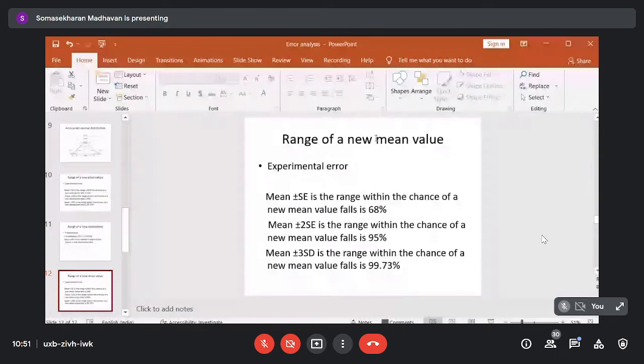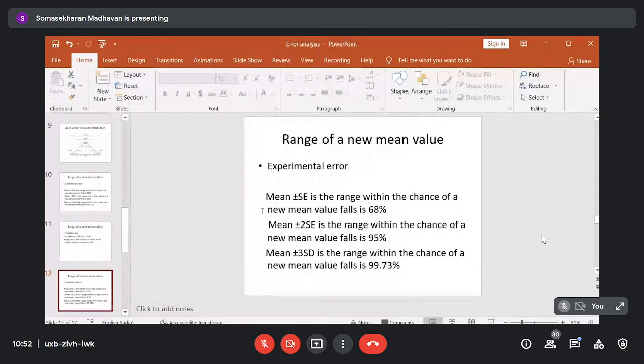Then the range of a new mean value. So till now I discussed the possibility of a new observation coming in a particular interval. But now we examine what is the chance of getting a new mean value. In the case of experimental error, it is mean plus or minus standard error. You see the standard error, because standard error is a scattering measure of the arithmetic mean.